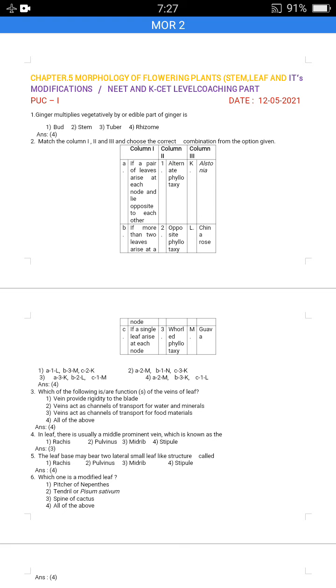It means to decrease the rate of transpiration. Hence the cactus plant can live in the desert. The water is converted into a gel state, so the plant can stay for a long time even without water. So these are the different leaf modifications, students. Very important concept for competitive examinations. So the correct answer for this question is option 4, all the above.